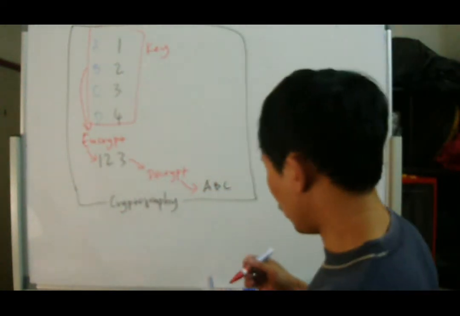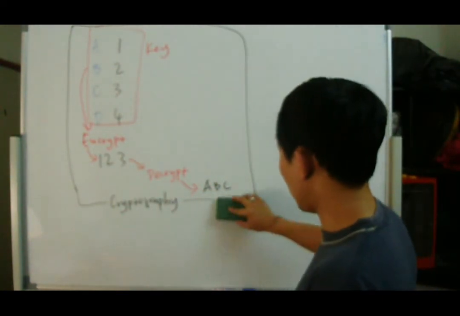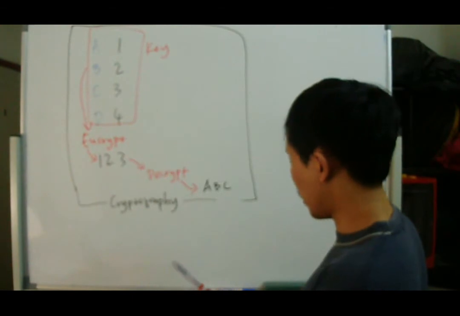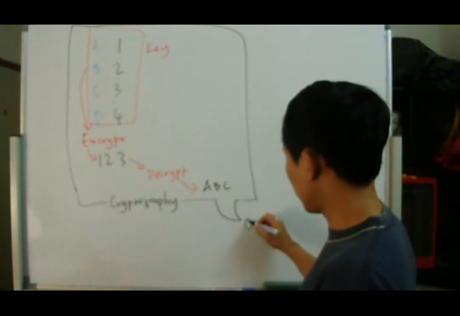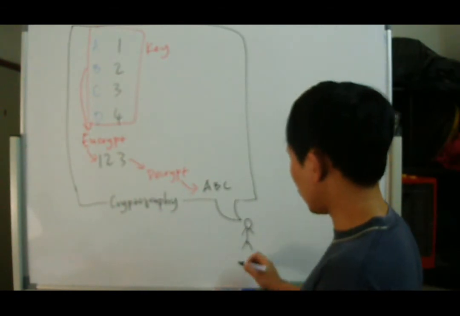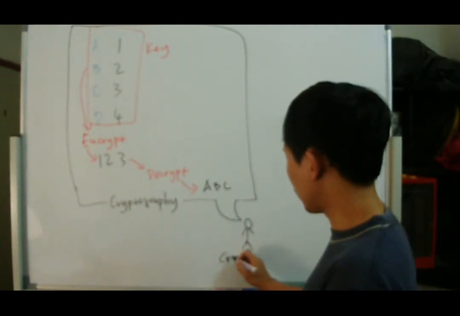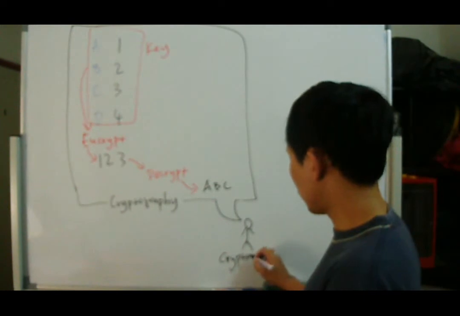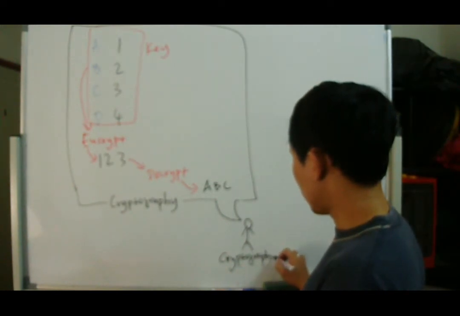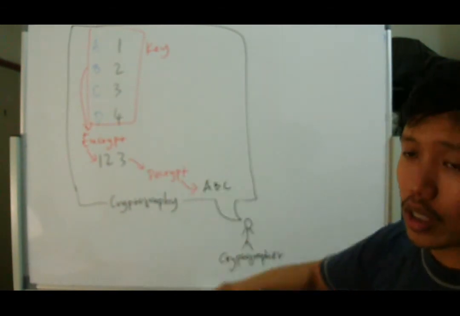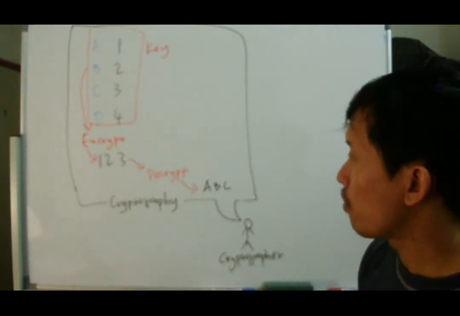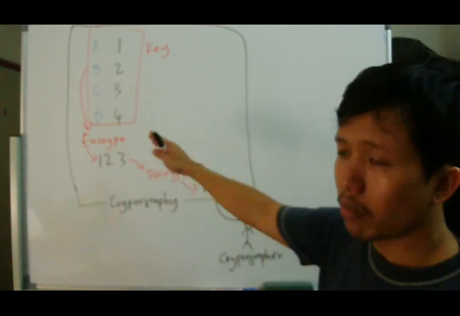So the person who knows this, let's put this as a dialogue like that. So this guy is called a cryptographer. So this is the whole cryptographer thing where basically you can jumble that message.